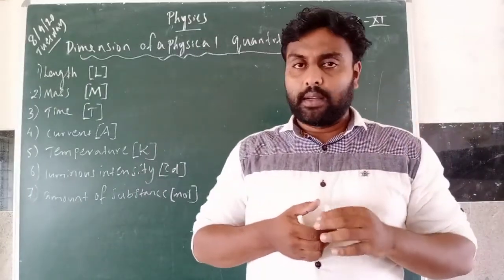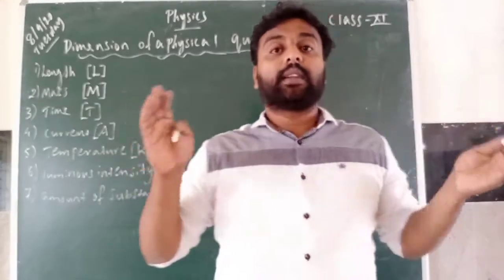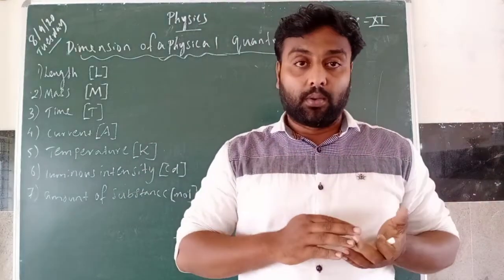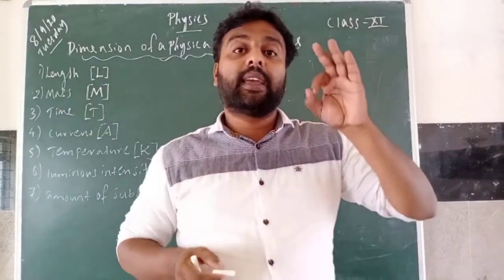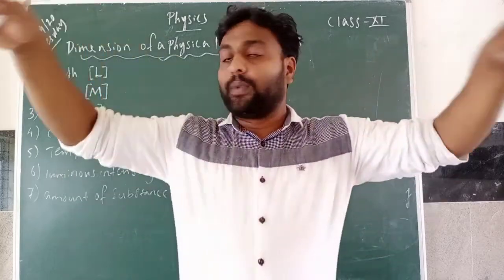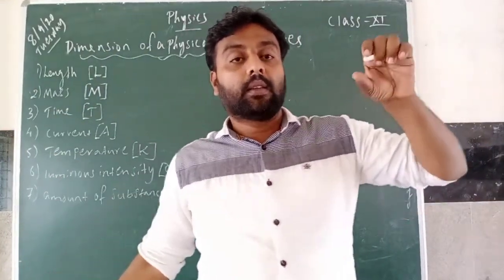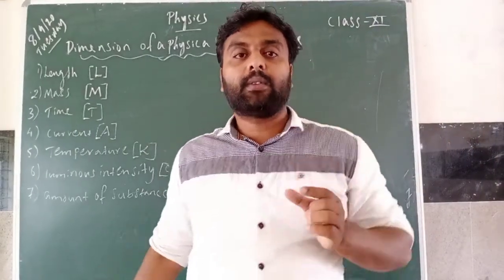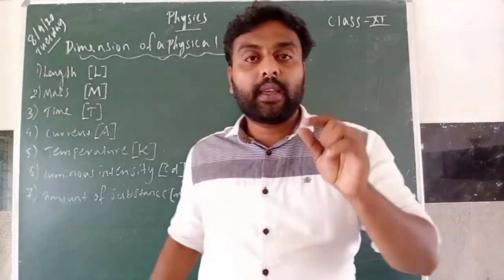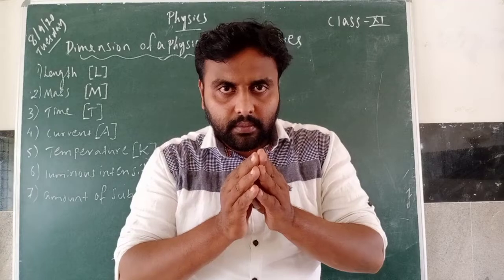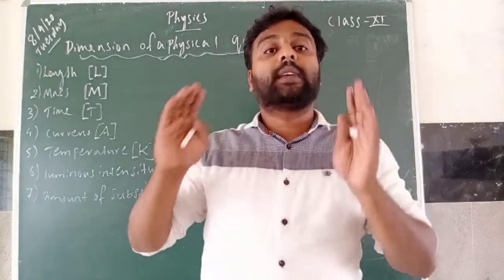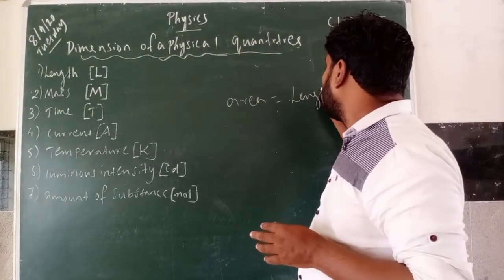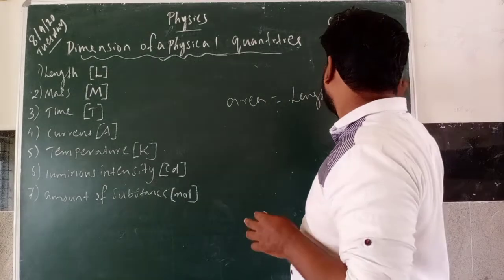And derived quantities means which can be expressed in terms of any other physical quantity or base quantity or fundamental quantity. For example, if you are choosing area, you all know the area of this room. This area is a derived quantity. We can say it in terms of a base quantity: area means length into length.